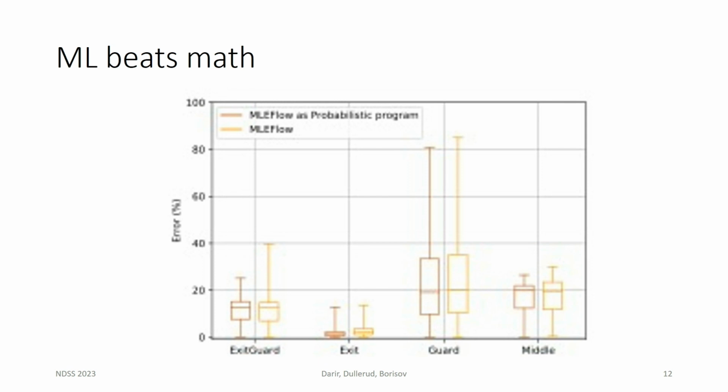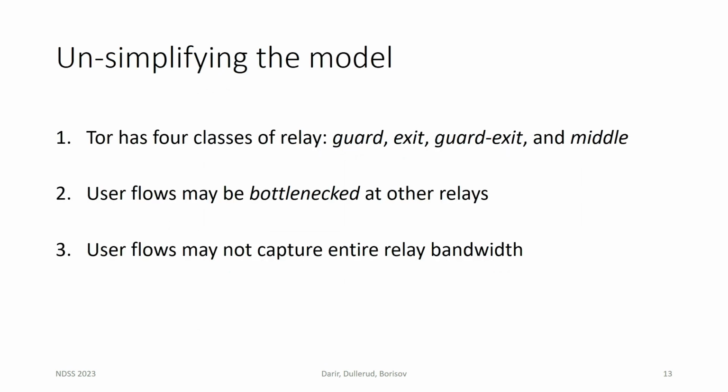Now, that was step one, is that we say we can use probabilistic programming in this context. But the real power comes from the fact that now that we have this program, we can amend it to remove some of the simplifying assumptions that we made in our model.